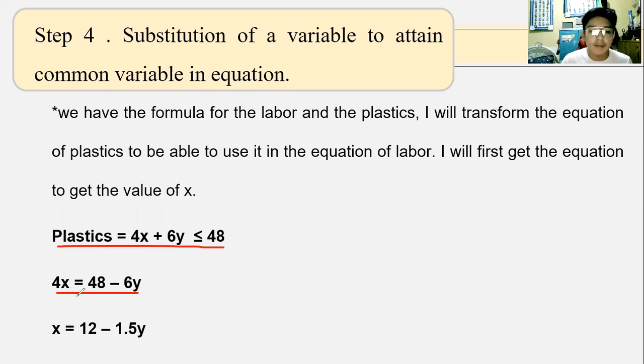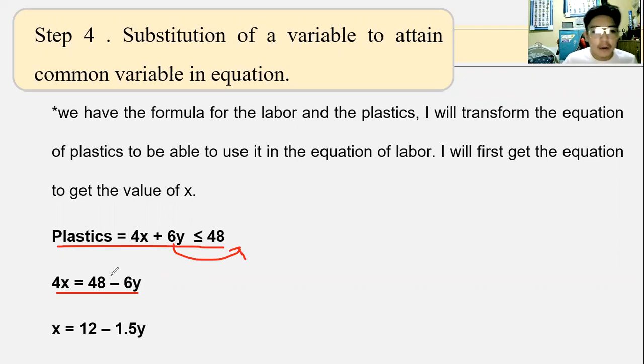How do we do that? We just transpose the 6y to this side. So 4x equals 48, and 6y transposed now has a negative sign: 4x equals 48 minus 6y.